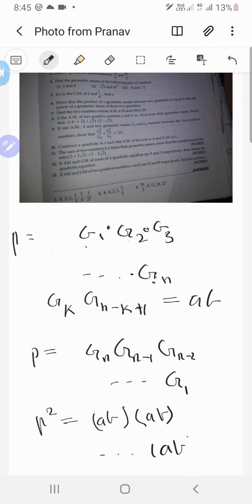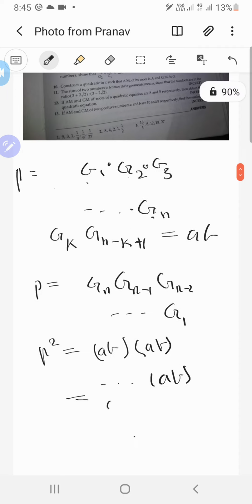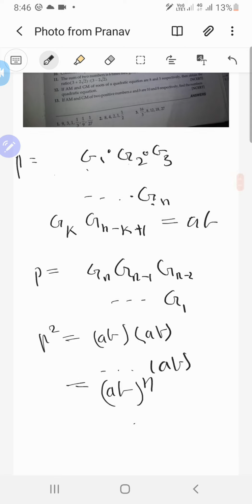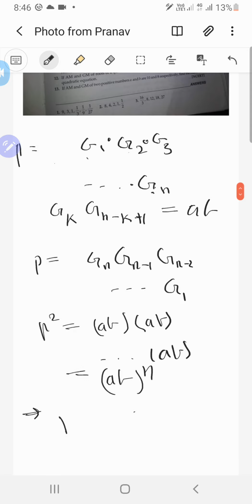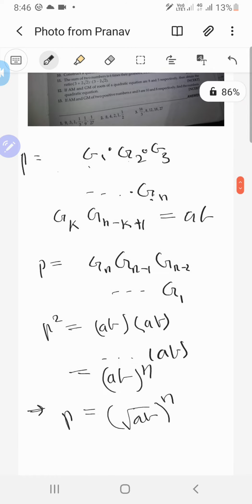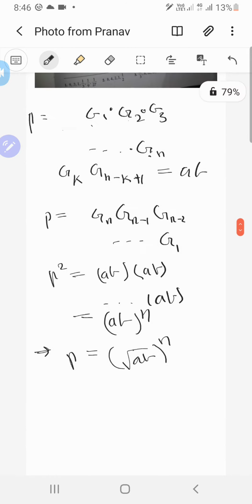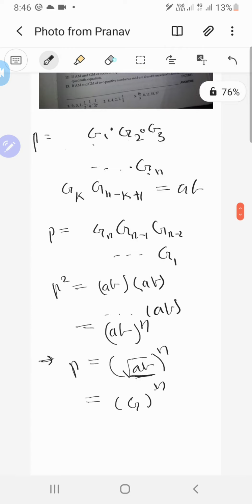So that gives me a into b raised to the nth power, which means that p is going to be the square root of this quantity, which can also be written as square root of ab raised to the nth power. This was easy. And guess what, this is the normal geometric mean of a and b. So this is obviously correct.